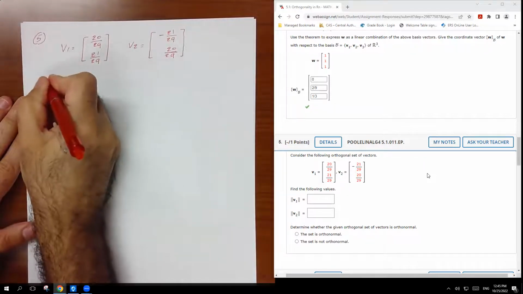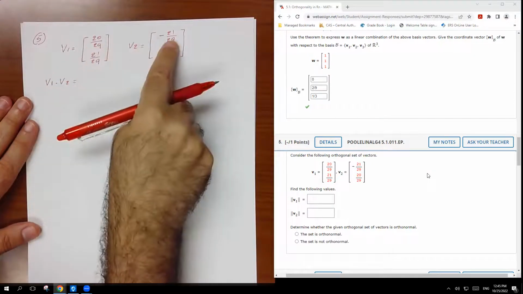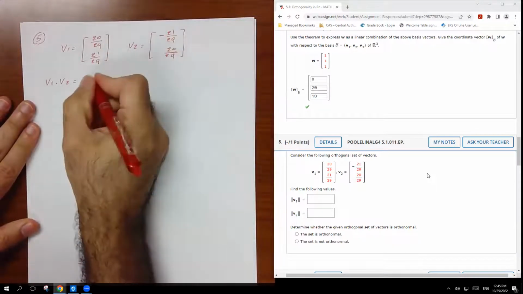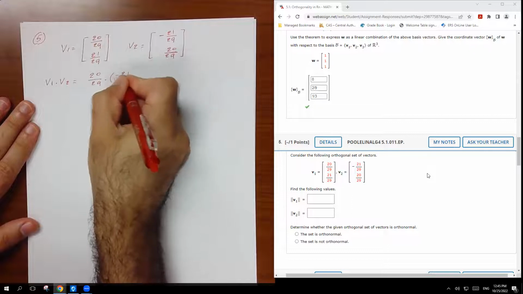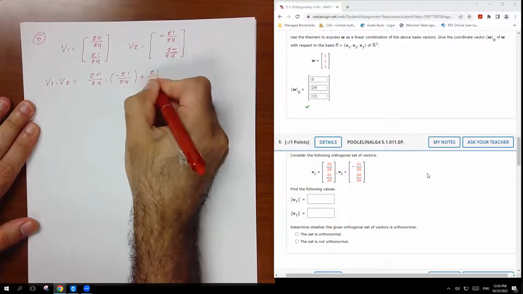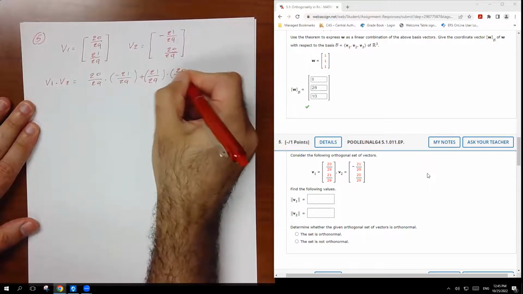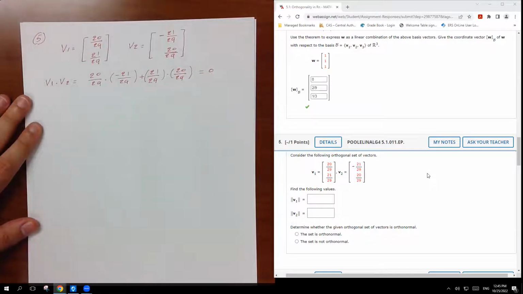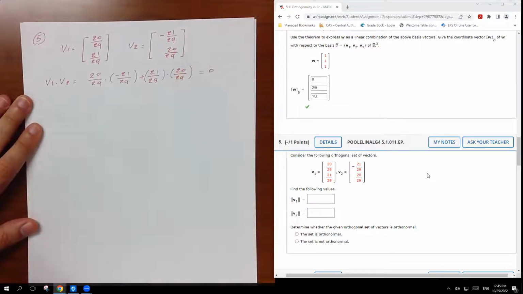That means V1 dot product with V2 is equal to 20 over 29 times -21 over 29, plus 21 over 29 times 20 over 29. The result is 100% equal to 0, because it's the same numbers: the result from here is going to be negative, the result from here is going to be positive, and the result is going to be 0.